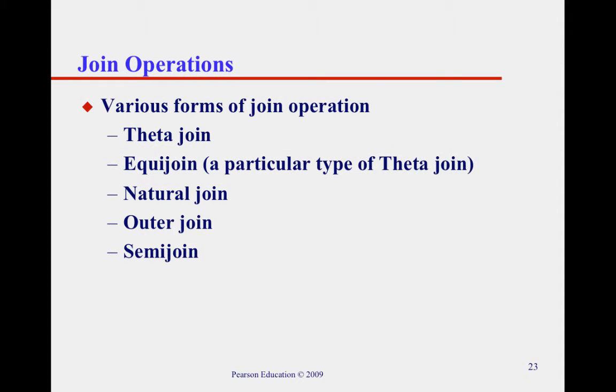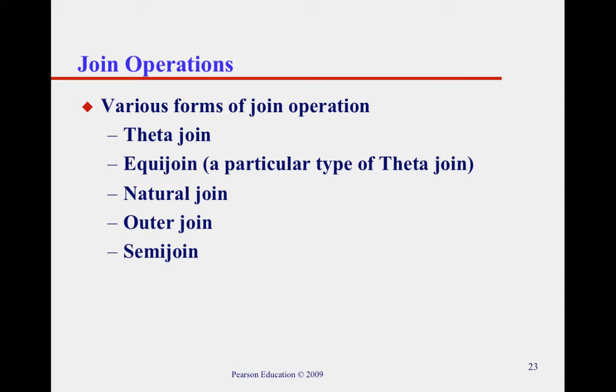There are, in fact, various forms of the join operation. In SQL, we typically limit ourselves to natural joins, outer joins, and semi-joins, but theoretically, the most general form of a join is the theta join, and then it gets more specific. An equijoin is a more restricted version of a theta join, a natural join a more restricted version of an equijoin.